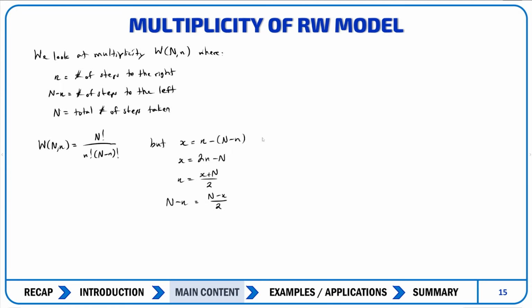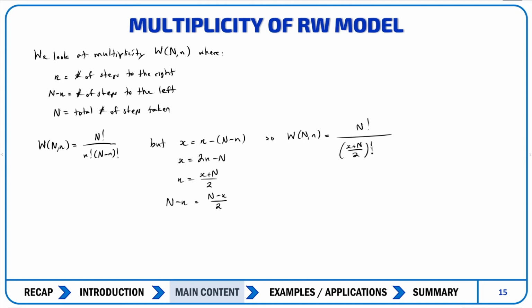So using all this, we can say that W(n) is going to be equal to N factorial divided by a quantity that can tie us back to the length, or the distance that has been traveled. We have little n being equal to (x plus N) over 2 factorial.